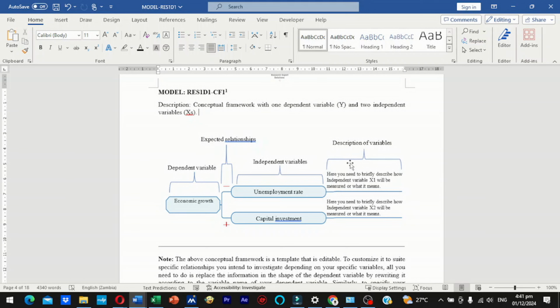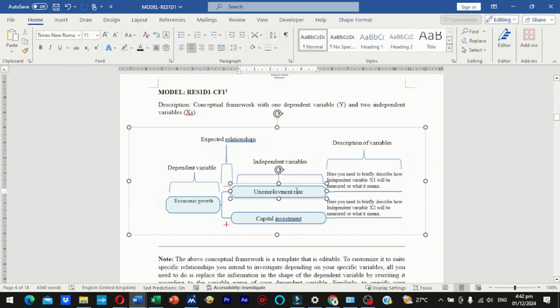And if you reviewed some theories, you'll notice that this research conceptual framework is connected to so many things in your study. For example, when we talk of the literature review, you'll find that the literature review guided you on the type of variables that you should include in this particular model. Say if you're looking at theories such as the Phillips curve, you may suggest that to select unemployment rate as an independent variable, I was guided by some theory, say the Phillips curve hypothesis, right?